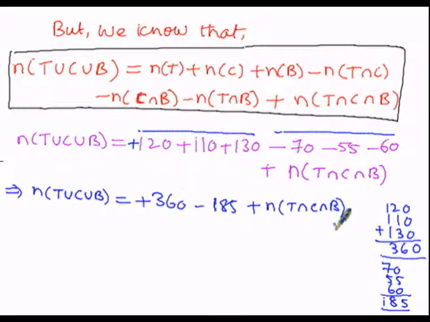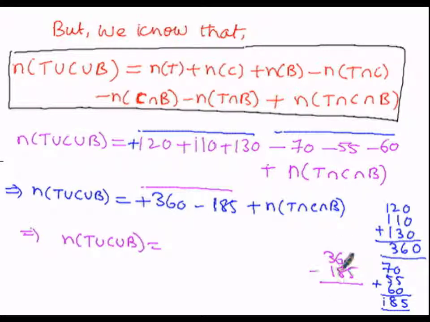The next logical step: n of T union C union B is equal to, we simplify further, plus of minus is minus, so we subtract 185 from 360. When we subtract 185 from 360, we borrow 1, 10 minus 5 is 5, here 5 is left, we borrow again 1, 15 minus 8 is 7, here 2 is left, 2 minus 1 is 1.